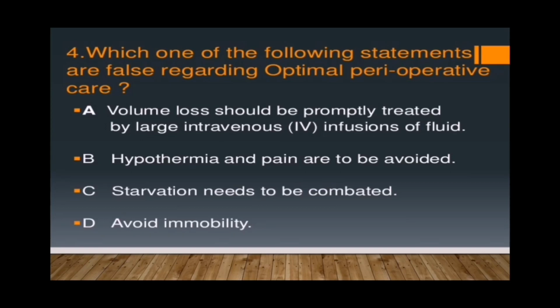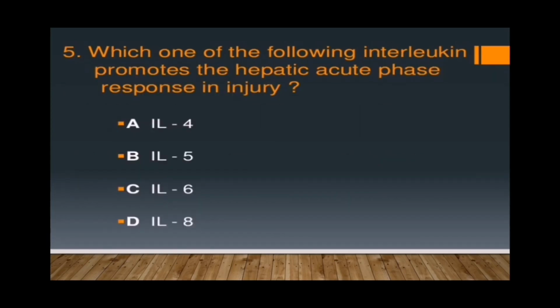C. Starvation needs to be combated. D. Avoid immobility. Number 5, which one of the following interleukins promotes the hepatic acute phase response in injury? A. Interleukin 4. B. Interleukin 5. C. Interleukin 6. D. Interleukin 8.